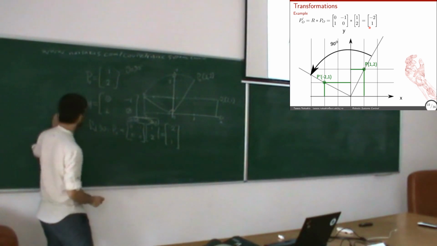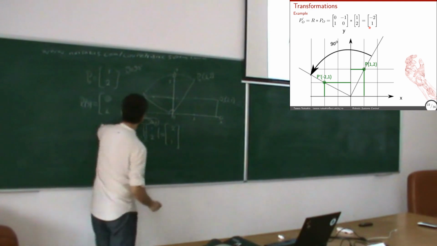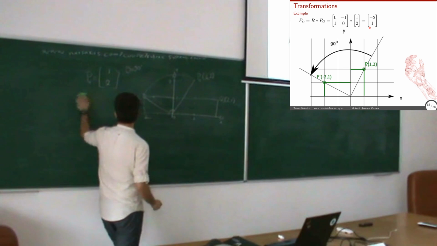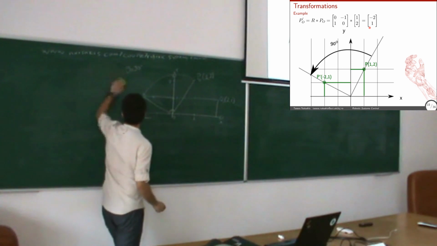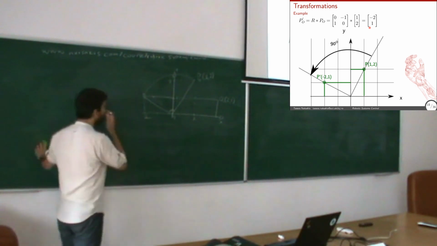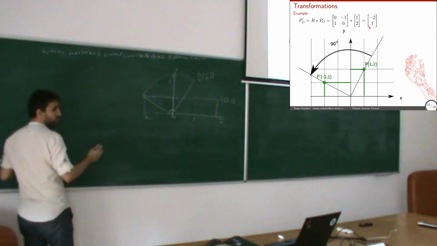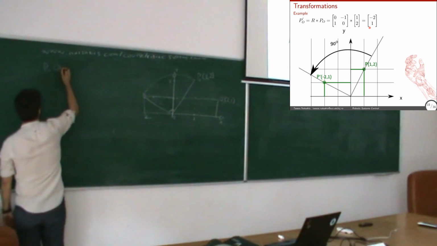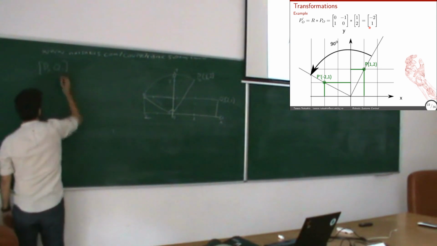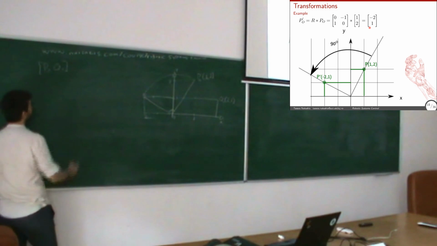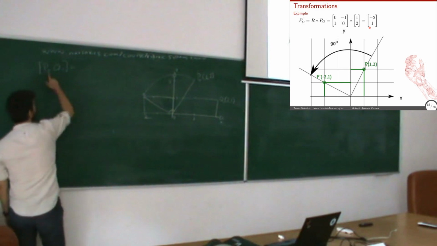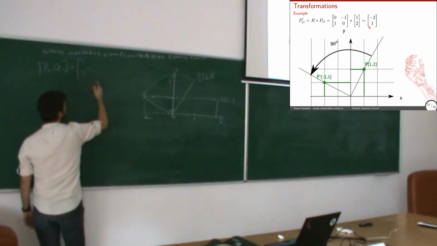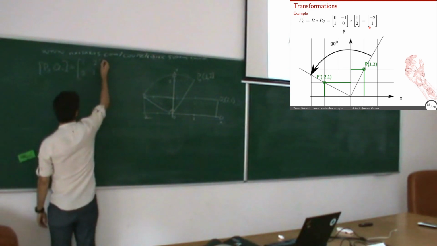I erase this. So I can write my 2 points together as a matrix, P0 and Q0 together. What is P0? It's 1, 2, and Q0 is 2, 1.